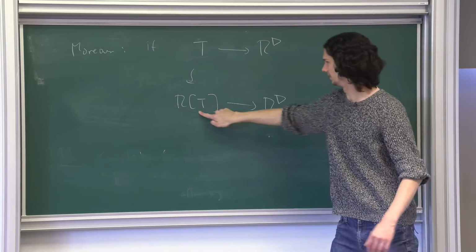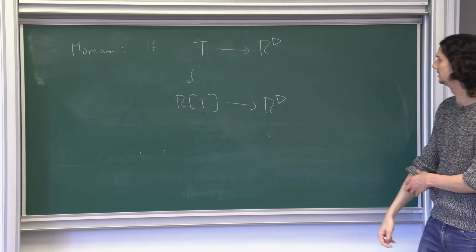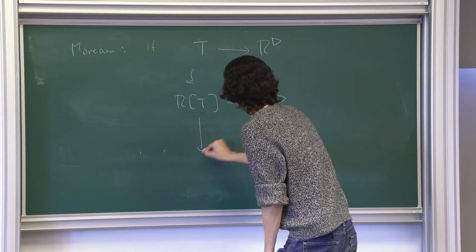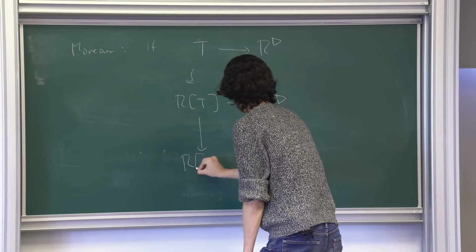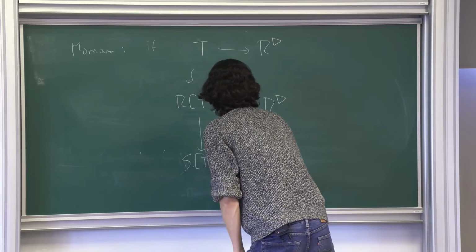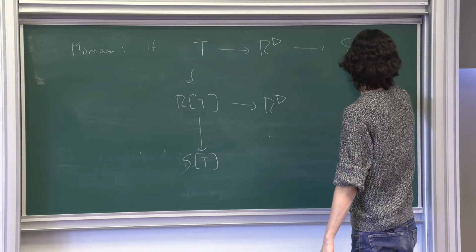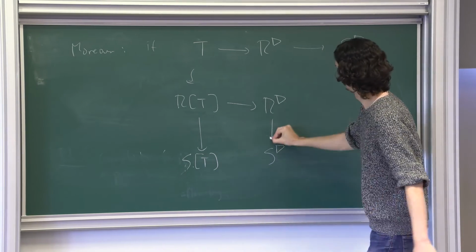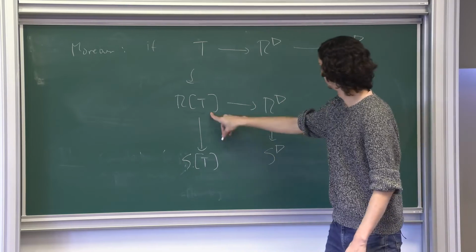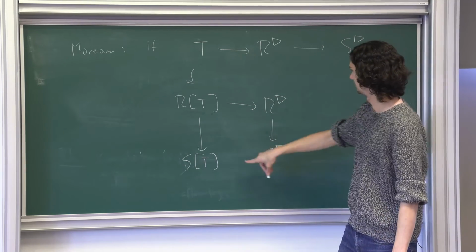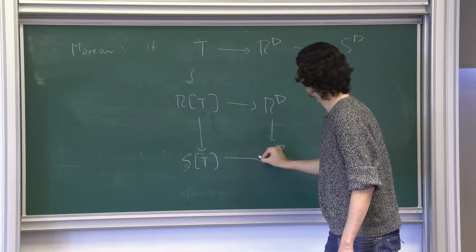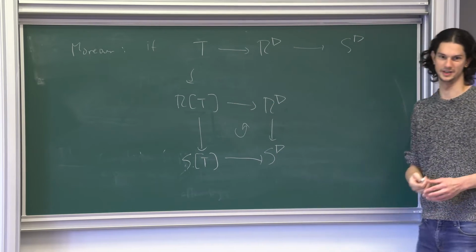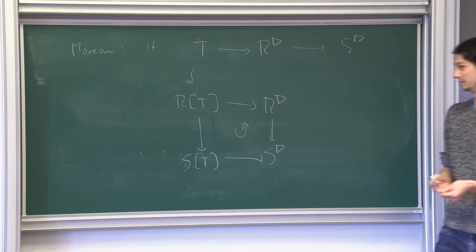So you go to R triangle bracket T, and then you go to R bracket T. But then you also have this map that we've assumed exists from R bracket T to S bracket T. On the other hand, you can compose this to S triangle, and you get this thing here. So this is just the map of rings. This is the thing we posited to exist. And this exists for the same reason this exists. And that square will commute when you have a map of analytic rings.